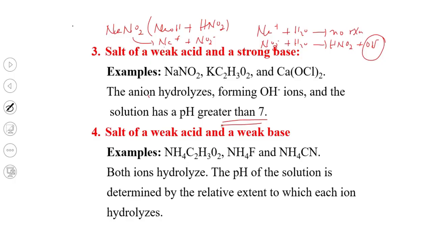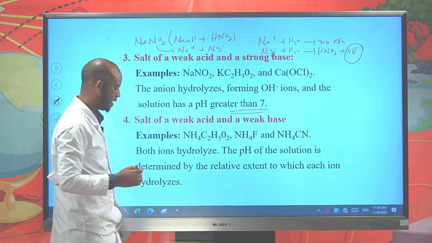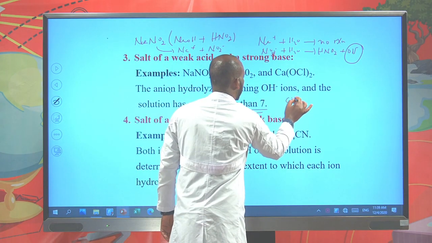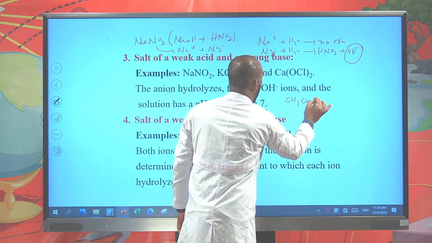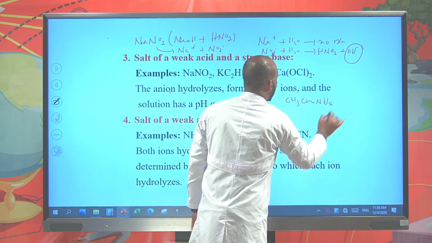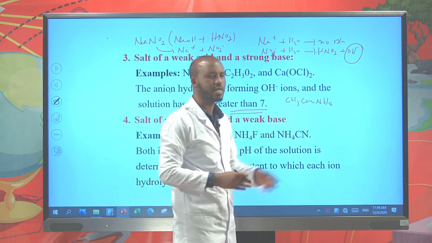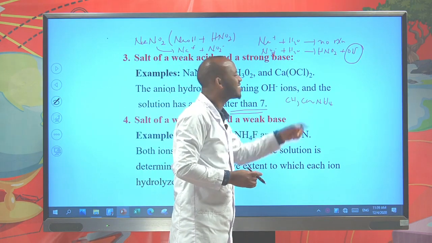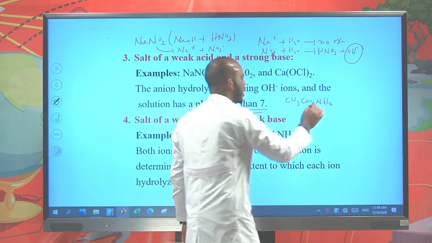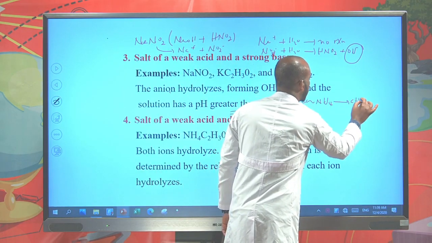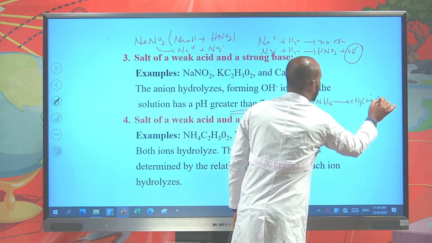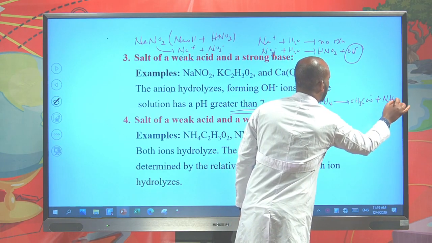For example, take ammonium acetate, CH3COONH4. This is a salt derived from a weak base, ammonia, and a weak acid, acetic acid. It completely dissociates into acetate, CH3COO minus, plus NH4 plus.